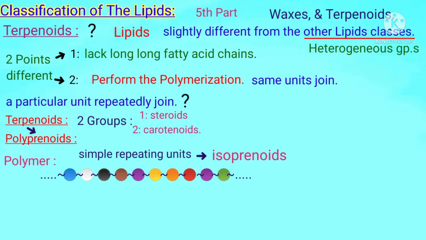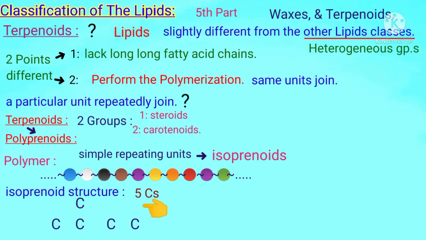Students, if we see the simple isoprenoid structure, it is a 5-carbon compound. Four carbons of an isoprenoid unit, 1, 2, 3, 4, are present in a straight row, but the fifth carbon is present here at the upper side. Students, at the terminal carbons, isoprenoid has double bonds here and here.